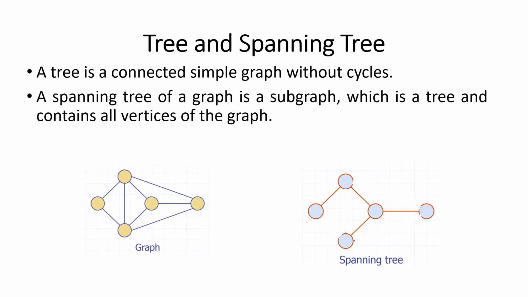Before moving into DFS, we will try to understand what a tree is and what a spanning tree is. A tree can be defined as a connected simple graph without cycles. To understand what a tree is, we should first understand what a simple graph is. A simple graph is a graph without parallel edges and without any self-loops.